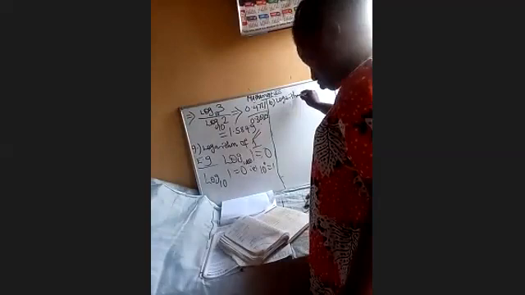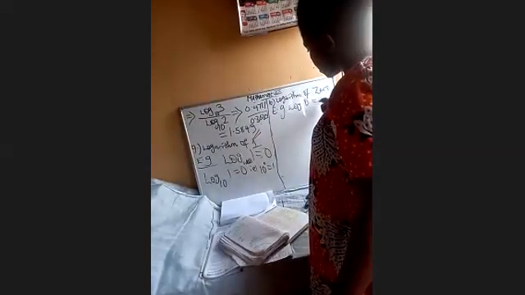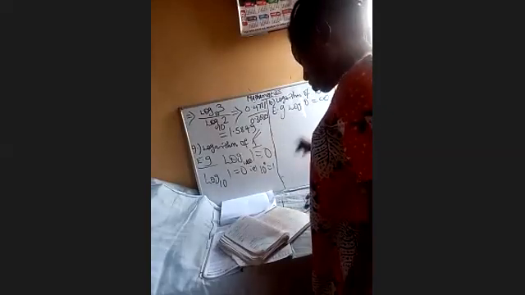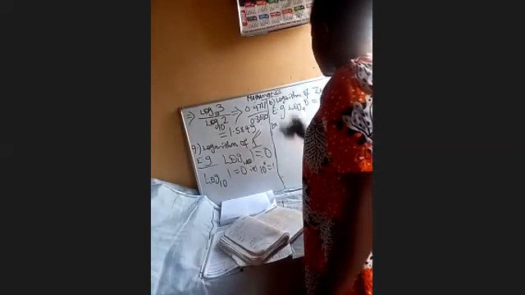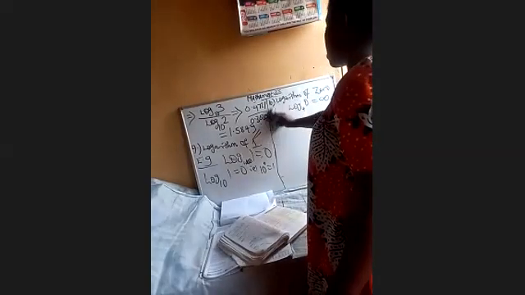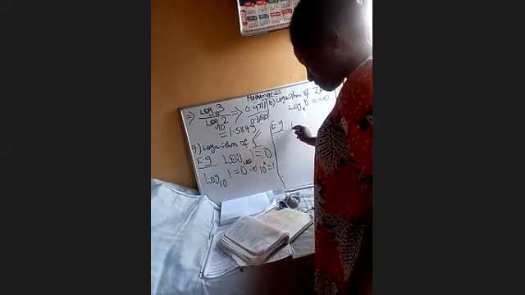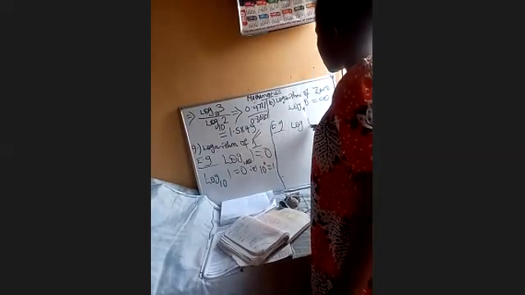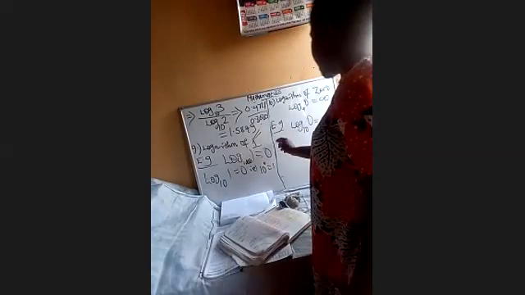Logarithm of 0, we said, is undefined. That's the rule. So if we have logarithm of 0 to the base of 10, it is undefined.